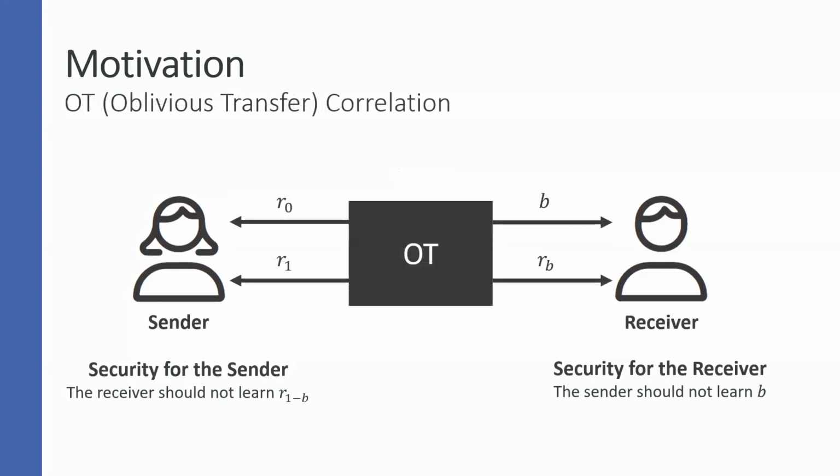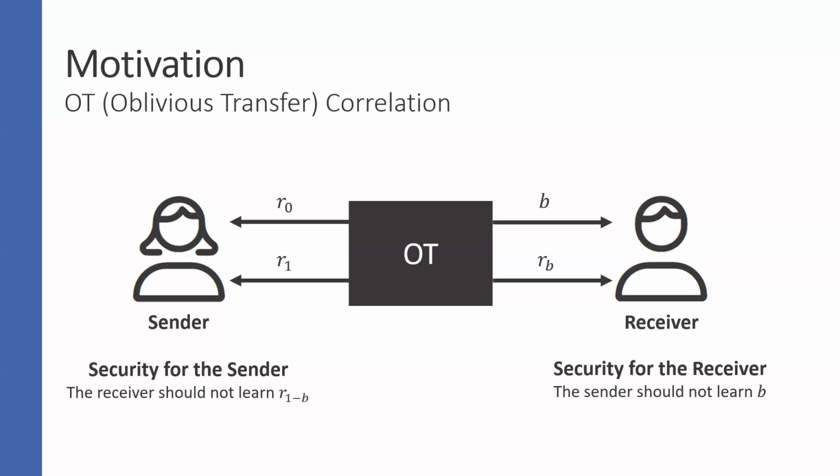One example of such a standard correlation is the OT correlation. Here we have two parties, a sender and a receiver. One party gets two random elements from some set, which I will refer to as secrets, and the other one gets one of them at random plus the index of that secret.